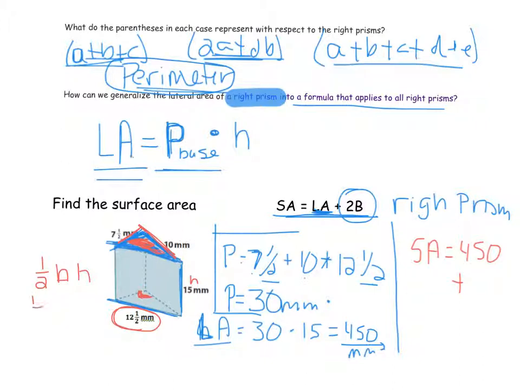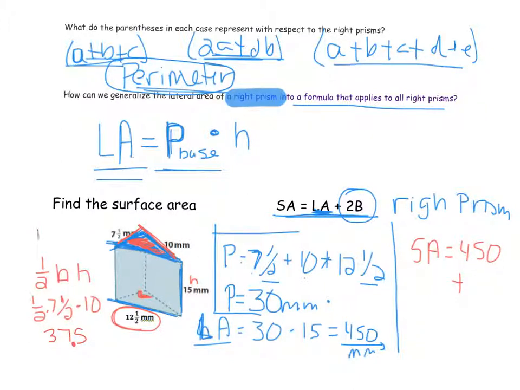1/2 times base times height. So 1/2 times 7.5 times 10. So take a moment to figure that out. I came up with 375. So let me know if that is not correct. I did 0.5 times 7.5 times 10. Oops, sorry, not 375. That wouldn't make sense. 37.5. I dropped my decimal. Okay, so I'm going to take that.